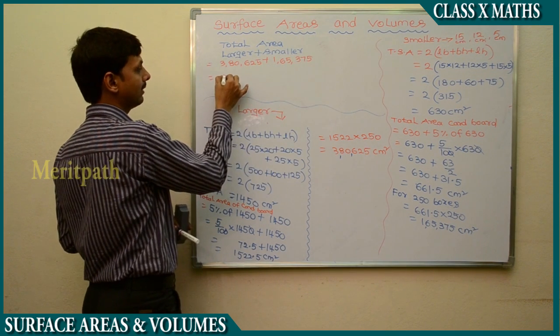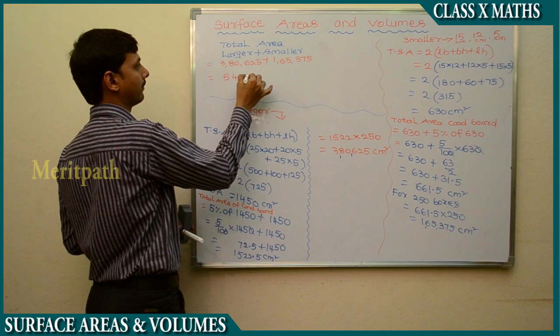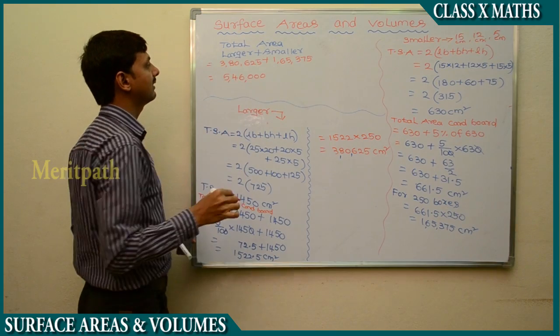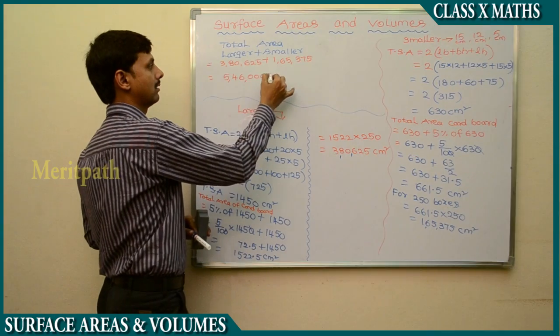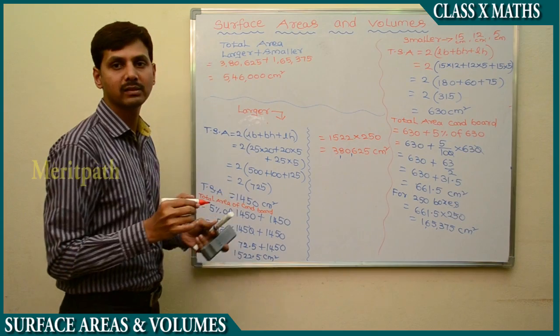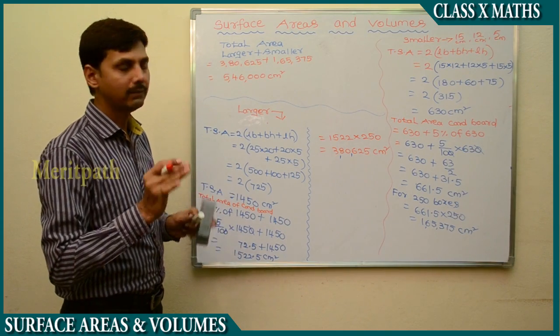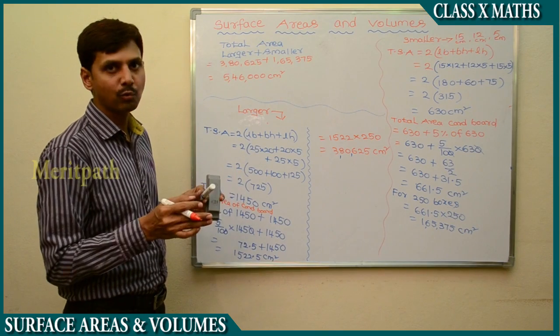So totally we will get 5,46,000 centimeters square. So by adding this all, we get the total area, first larger and then smaller.